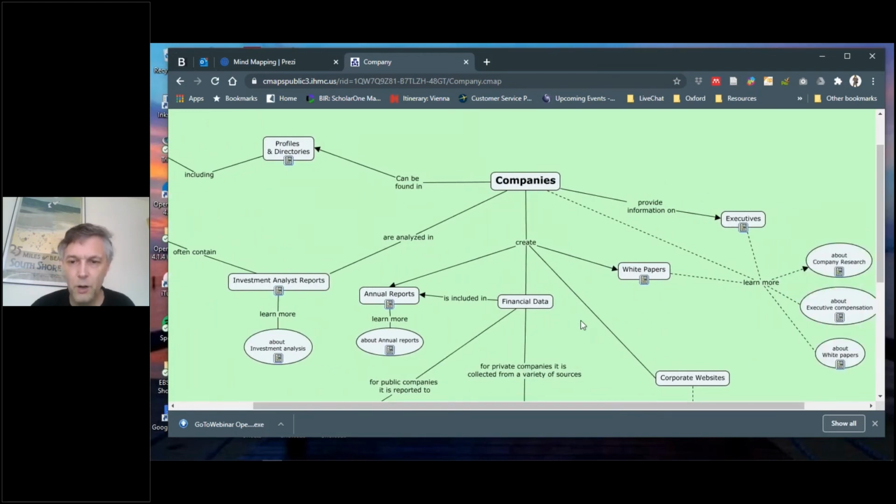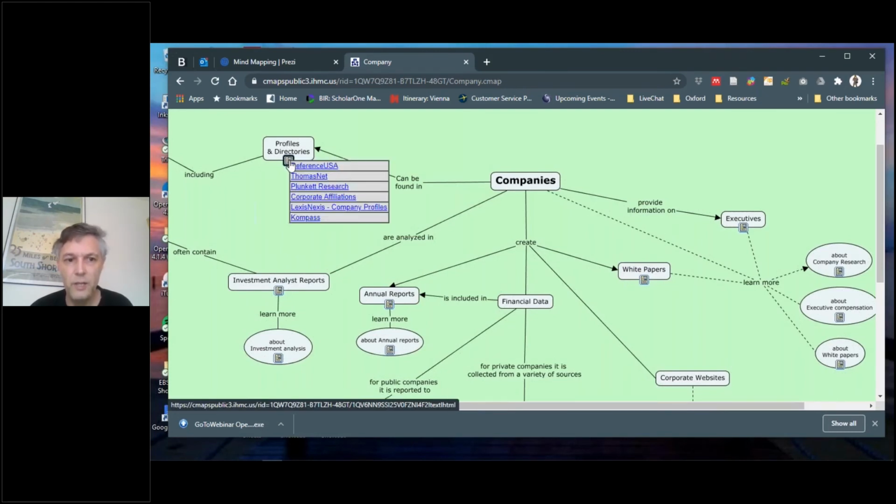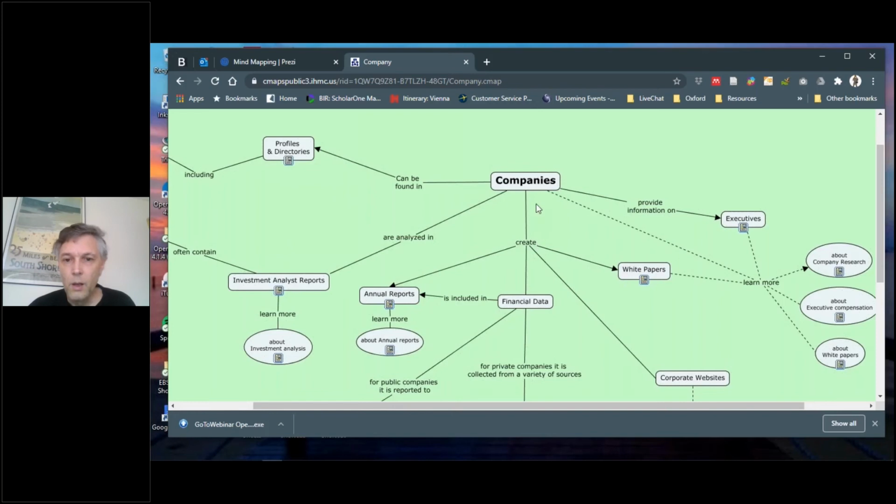And what I'm trying to show students who are trying to find information is companies can be found in profiles and directories. And then this map actually lets me launch into selected databases that we subscribe to. Companies create financial data.